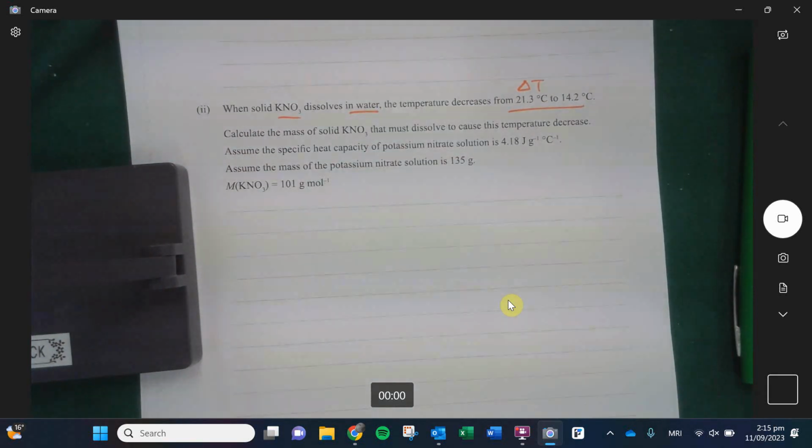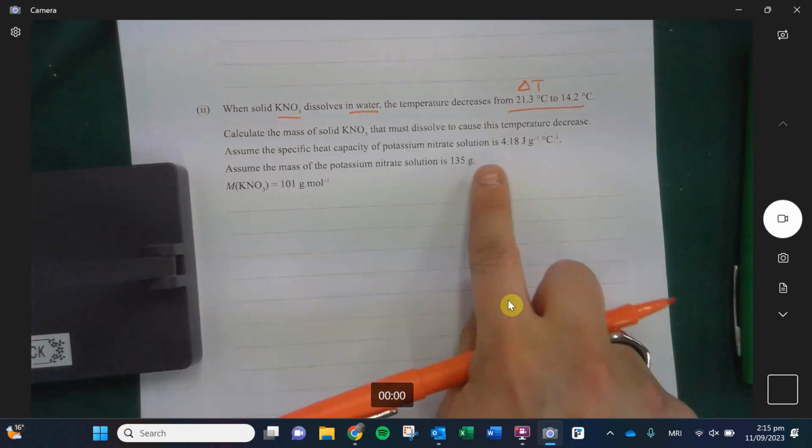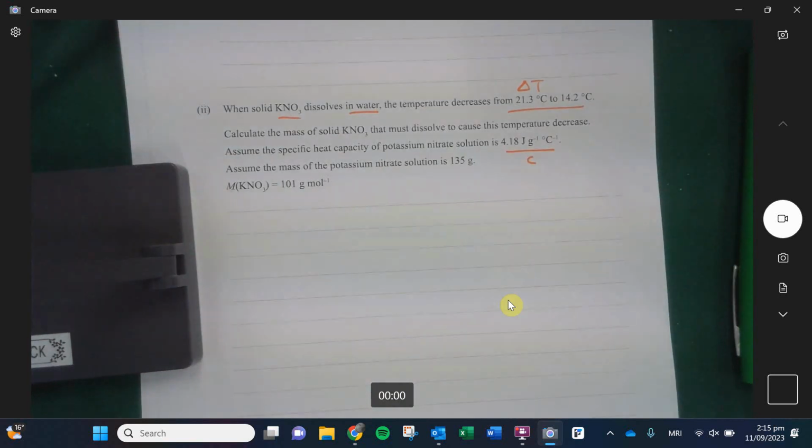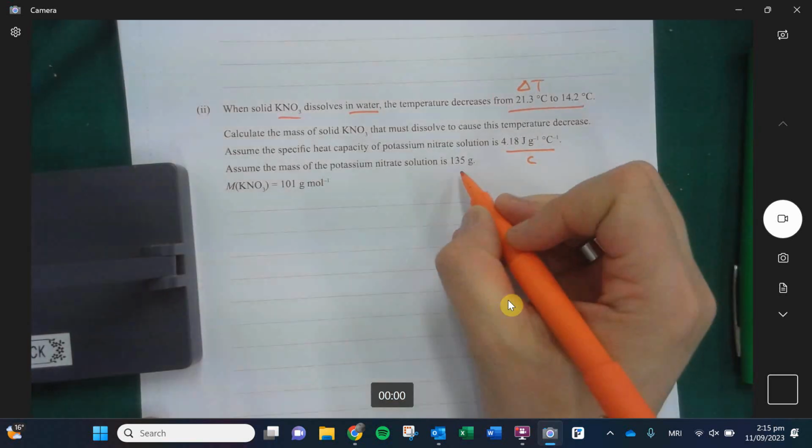They want you to calculate the mass of the sodium nitrate that must dissolve to get that temperature decrease. They say to assume the heat capacity of the potassium nitrate solution is the same as the heat capacity for water. So that's C. They also want you to assume that the mass of the sodium nitrate solution is 138 grams.